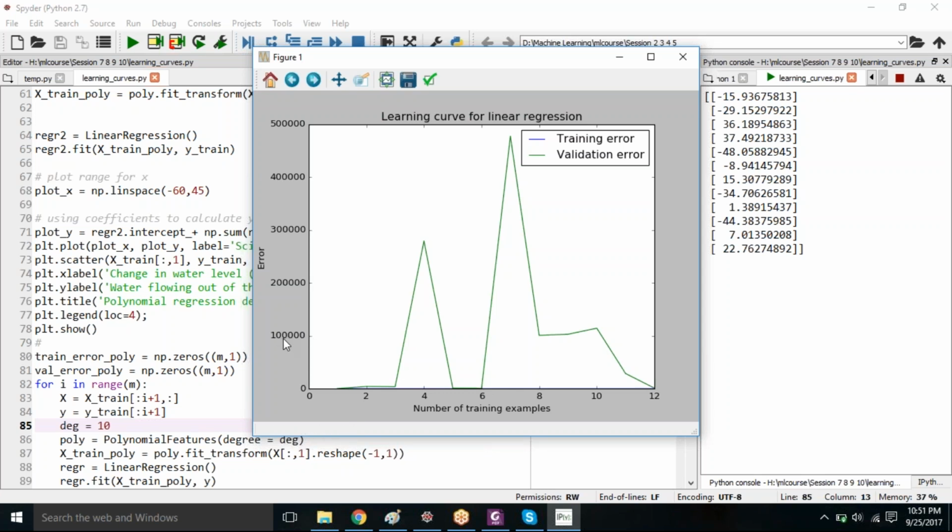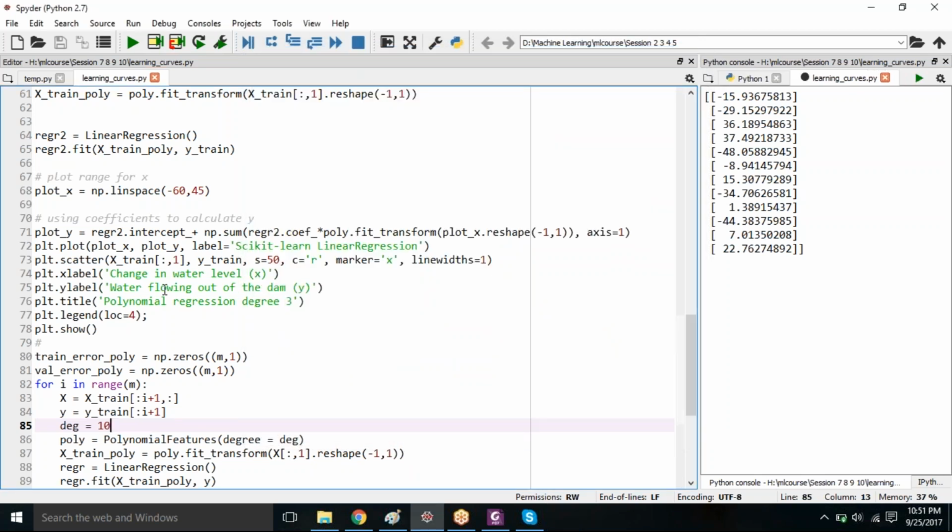What is the error here? Yes, 1 lakh. Even if you take a small thing like this, it will be in thousands. So with a higher degree, your validation error is huge, and with a lower degree you will find that your validation error is 50.